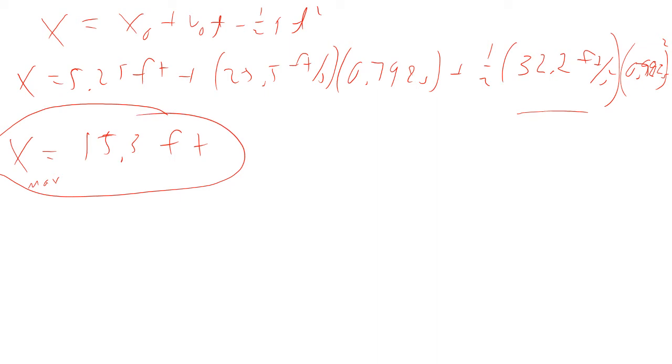Okay. Now there's actually an alternate way of getting the same answer. x equals x naught plus v naught t minus 1/2 g t squared, but we already figured out that t was equal to v naught over g.